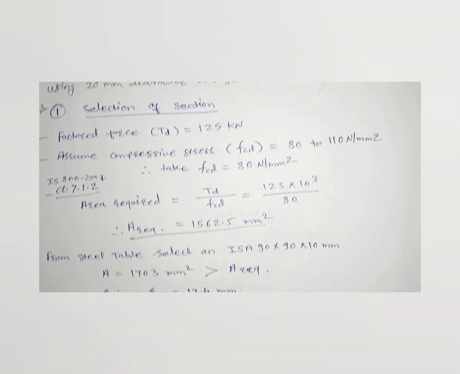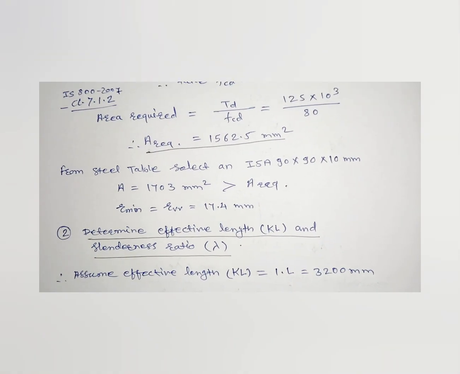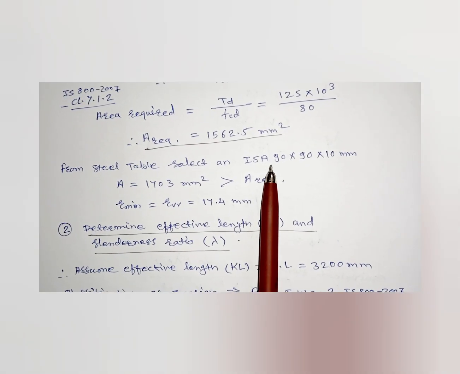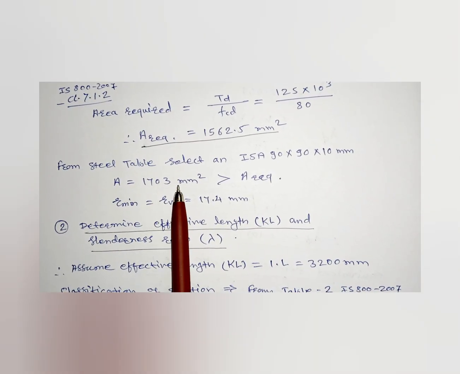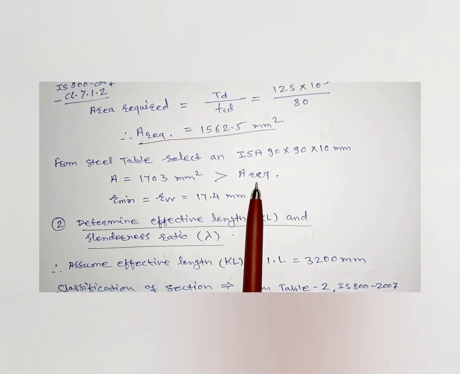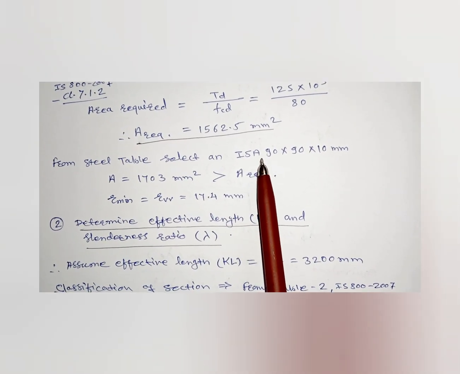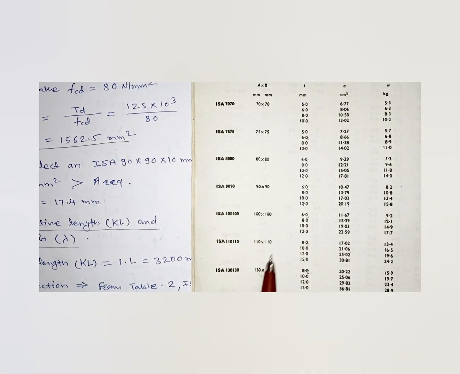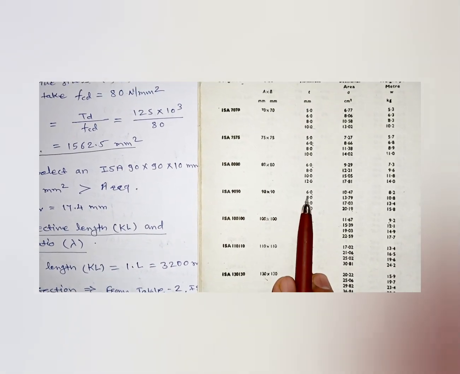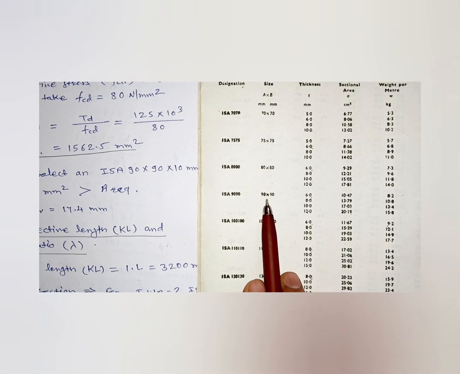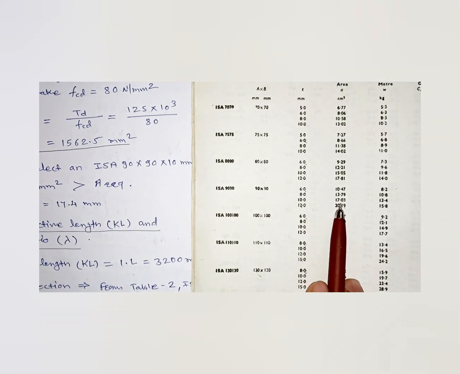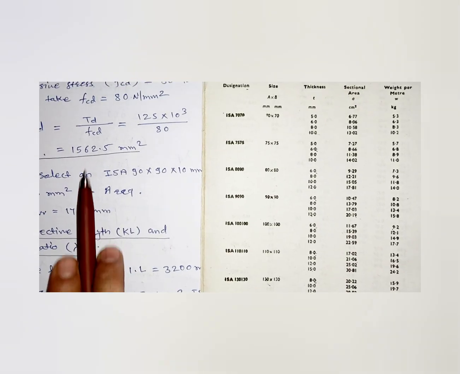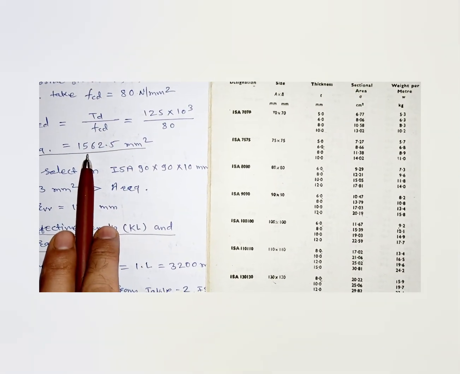So from steel table we have to select an ISA such that its area is greater than our calculated area. So from steel table we have to determine the equal angle, preferably so that its sectional area is slightly greater than our calculated area.